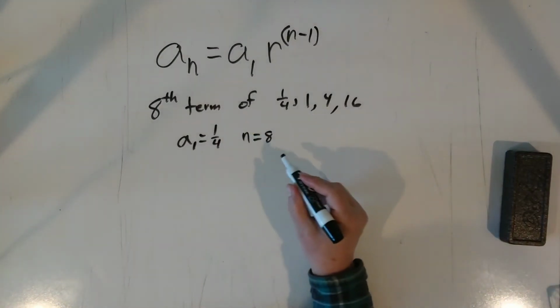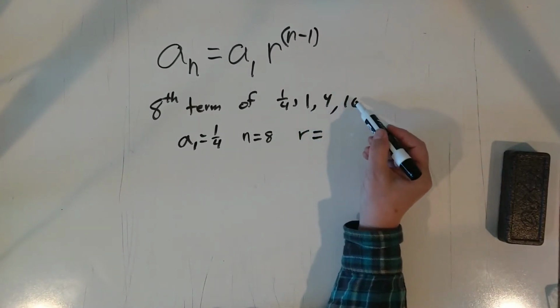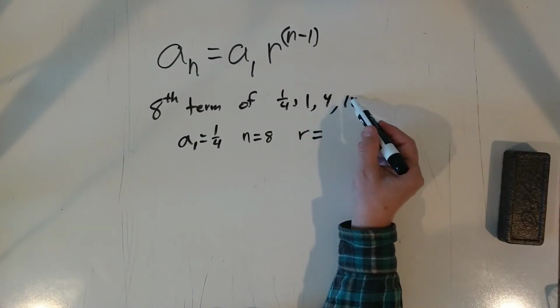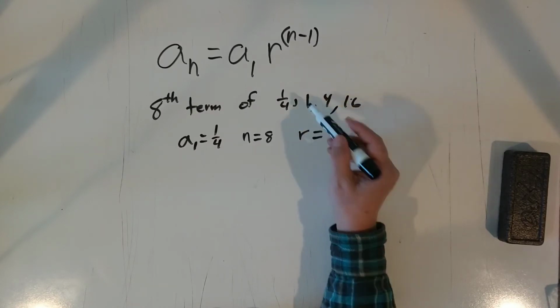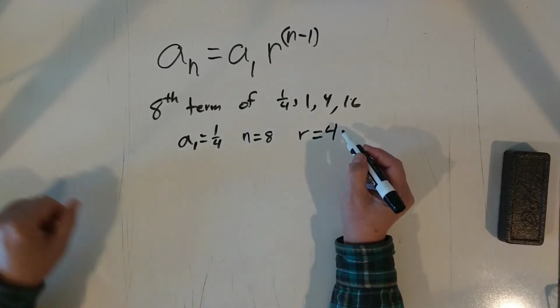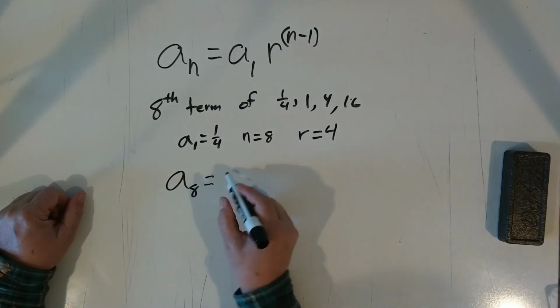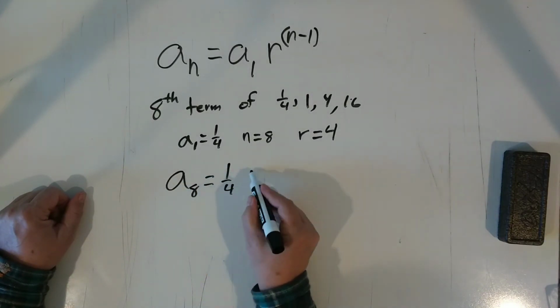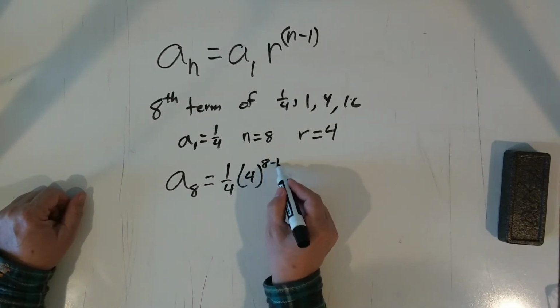I don't know the common ratio, but I can figure it out because I just take a term and divide by the one in front. 16 divided by 4 is 4. 4 divided by 1 is 4. So the common ratio is 4. Now I'm ready to find the 8th term. A sub 8 is equal to 1/4 times 4 to the 8 minus 1 power.